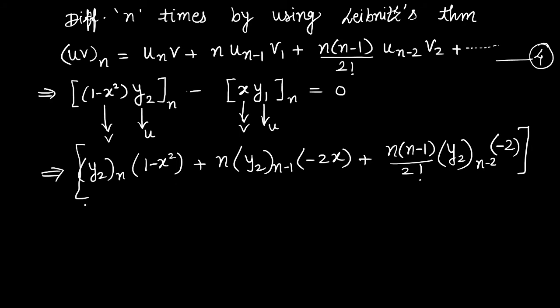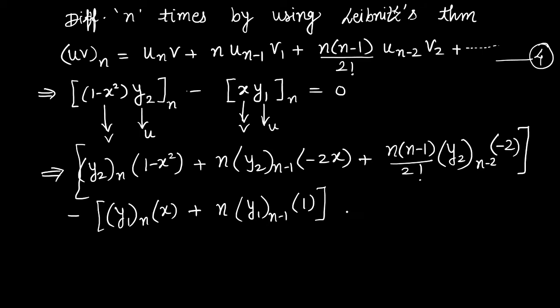This is the first term. Now the second term, minus y1 its nth derivative into x, plus n into y1 its n minus 1 derivative into 1. Now the second derivative of x equals 0, therefore its value equals 0. Now we simplify these terms.